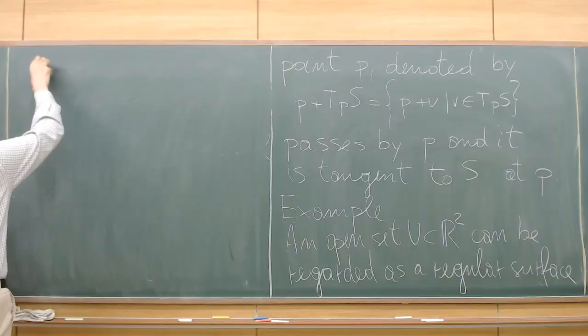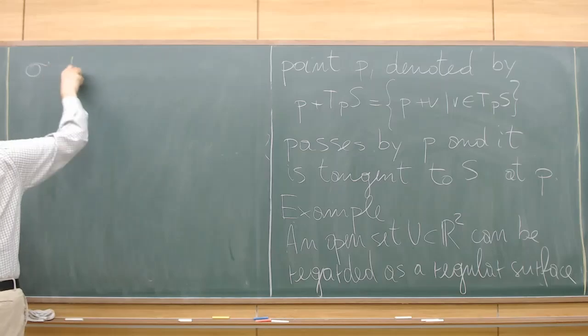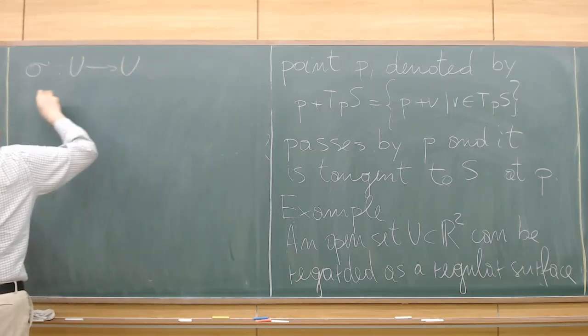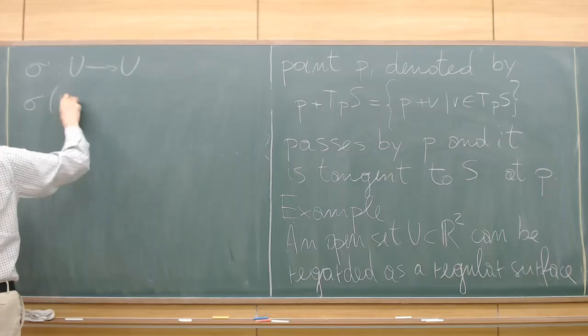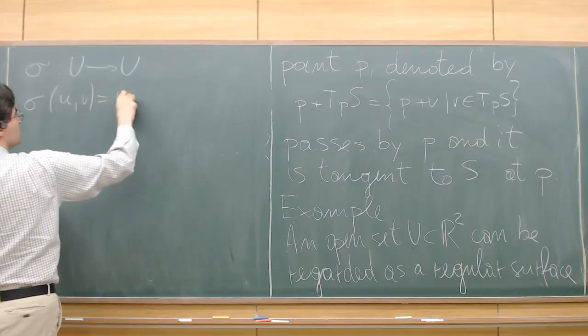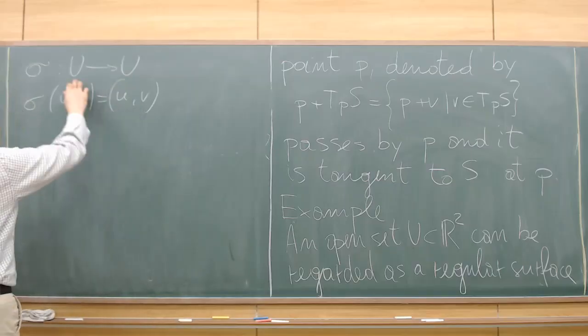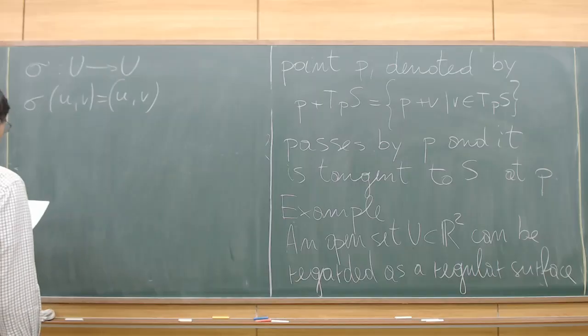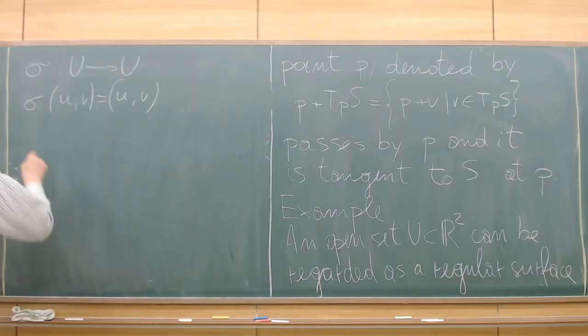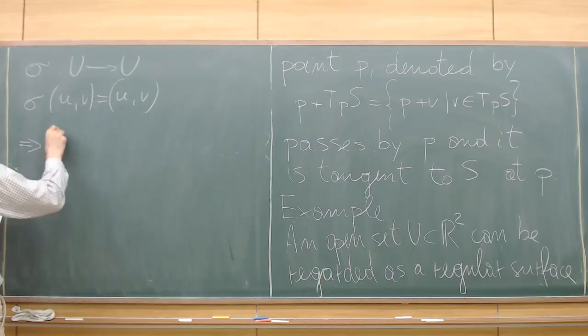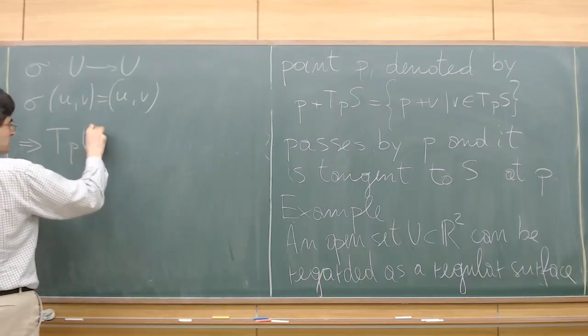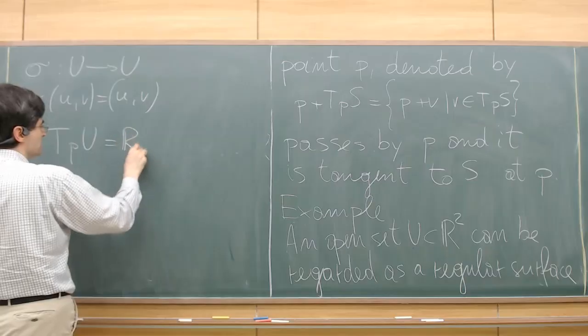So we take sigma from U into U given by this formula, sigma(u,v) equal to (u,v), where u and v are the coordinates in U. And we get immediately that T_P U is R2. Why?